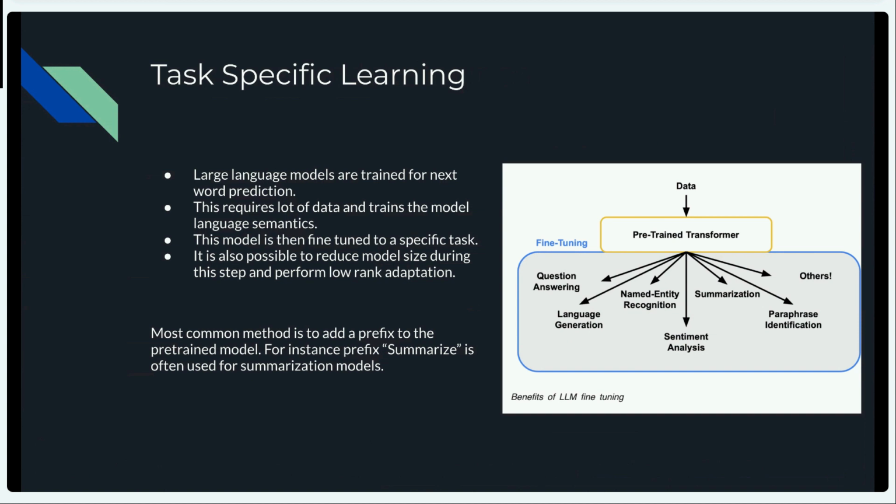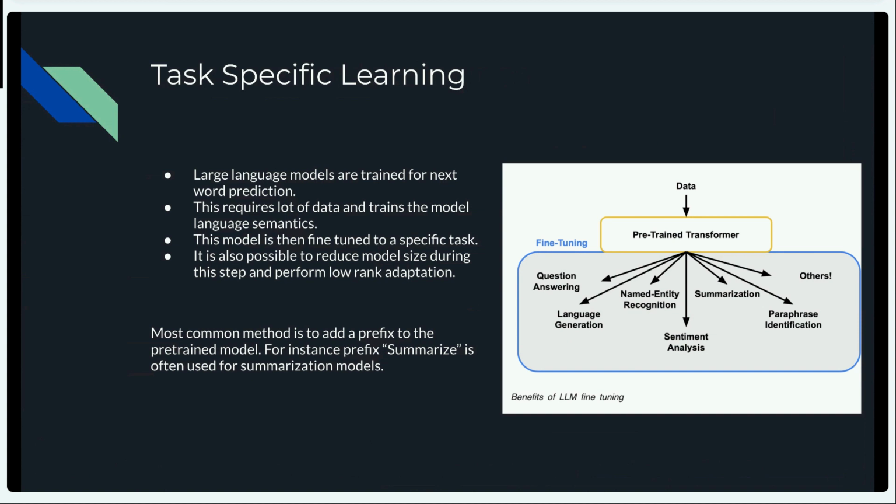What people additionally like to do, whenever they are doing any task specific learning, is add a prefix to the data, which basically specifies what task you are trying to do. And this is especially useful when your foundational model is trained to perform multiple downstream tasks.